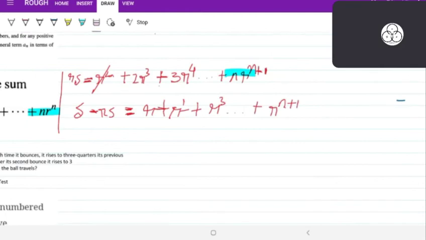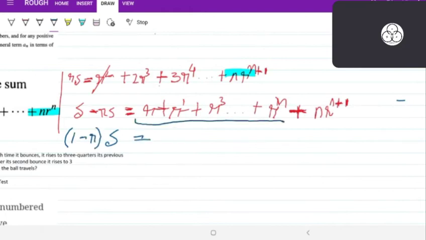So on, r to the power n plus n into r to the power n plus 1. Now this is a GP.